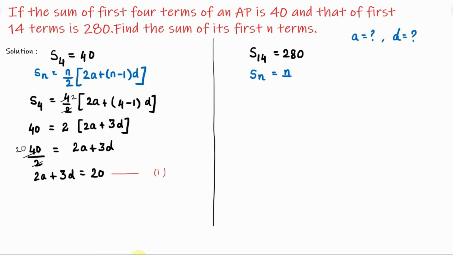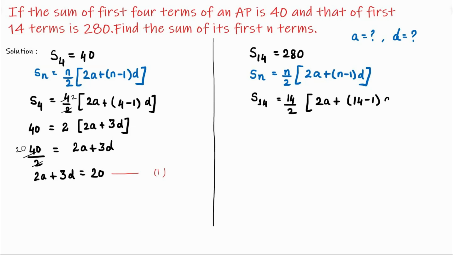So writing down the formula as Sn equals n by 2, 2a plus n minus 1 times d. Now substitute n as 14 in this case. So we get S14 equals 14 by 2, twice of a plus 14 minus 1 times d.